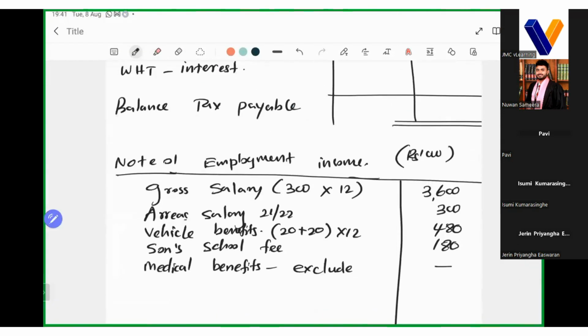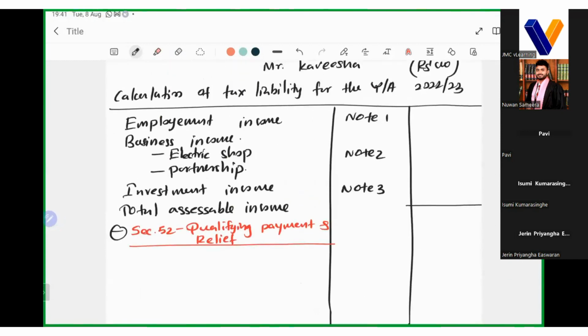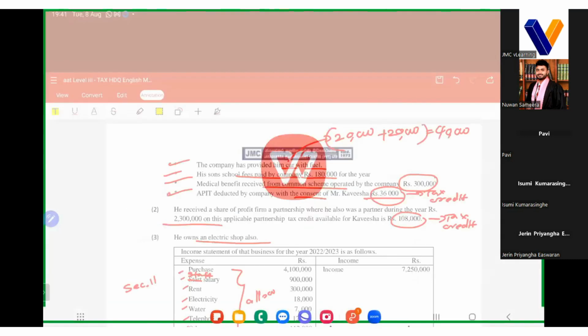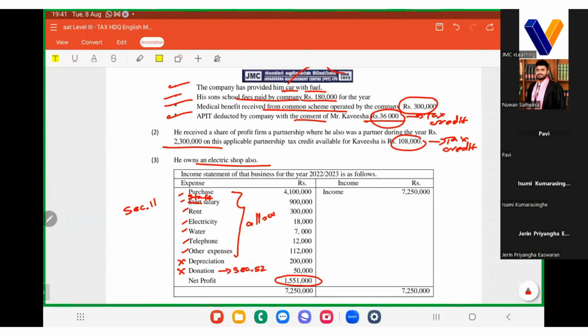Directly we can take that 2.3 million as business income here, no need for any note. Under that 2,300, you know the way to get the tax credit available to Kavis on the partnership side. Don't think about how you get it.